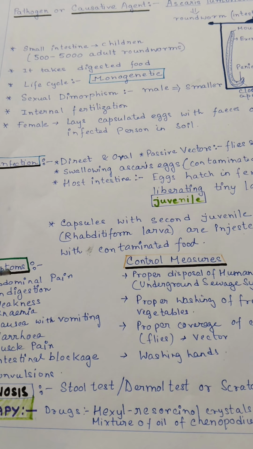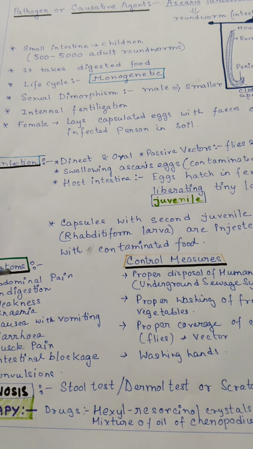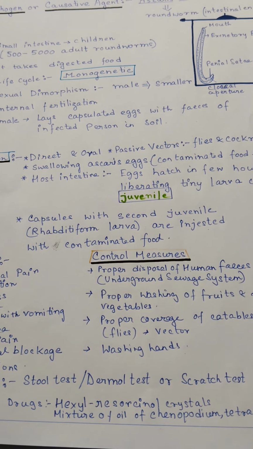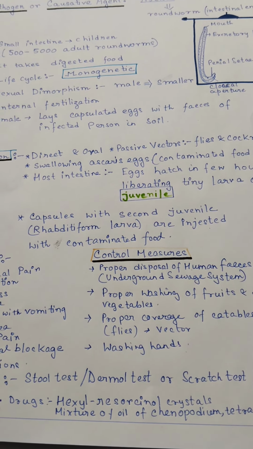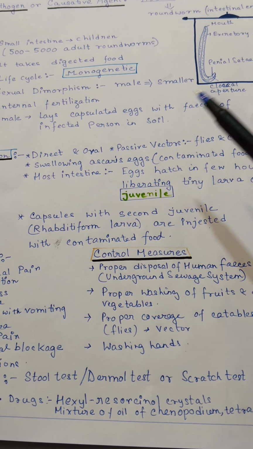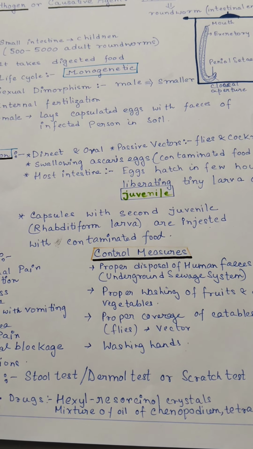So how a normal person gets affected with this disease is direct and oral. Passive vectors are flies and cockroaches.